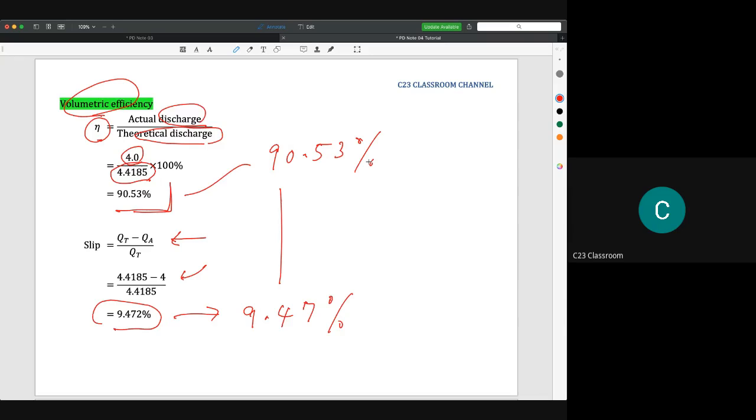You could imagine that the slip represents how much flow rate is lost when the piston pushes that volume to deliver it. The volumetric efficiency shows the percentage of the volume that is actually delivered by the piston. If you sum these two values, you need 100%. So it is better for you to write 9.47 only.